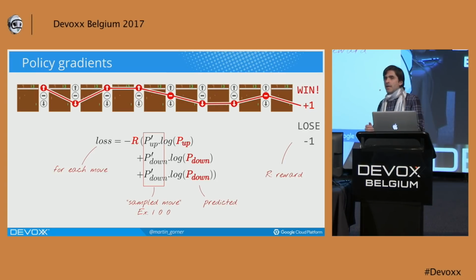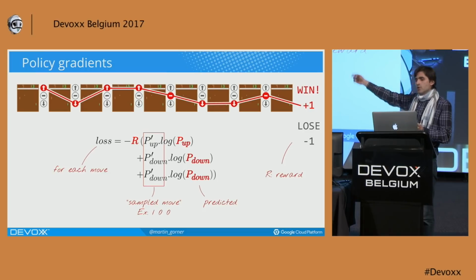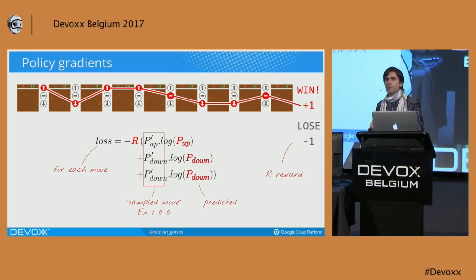And instead of the good answers, you put the move that you actually played. And the final difference is that you multiply all of that by the reward you got at the end. So if you won, the reward is +1, and you're adding this positively. If you lost, the reward is -1, and you are adding negative values to this loss.